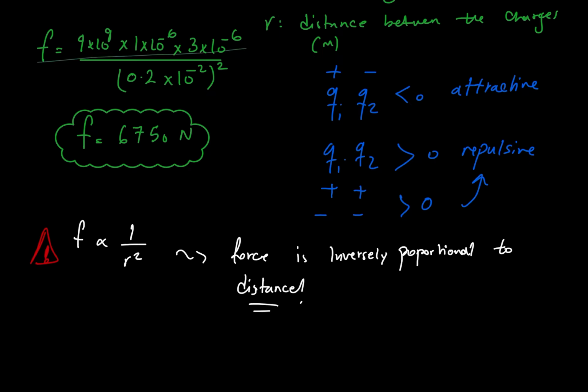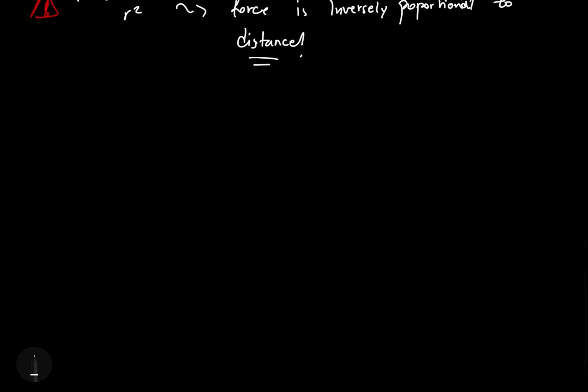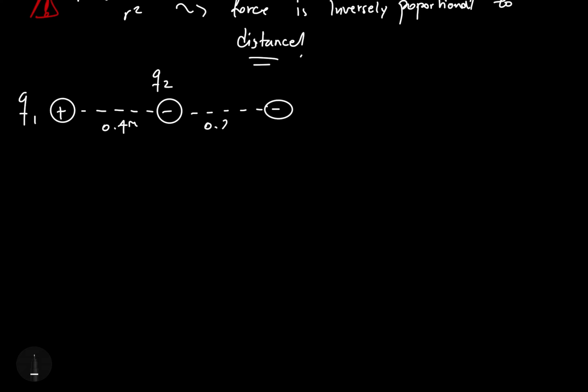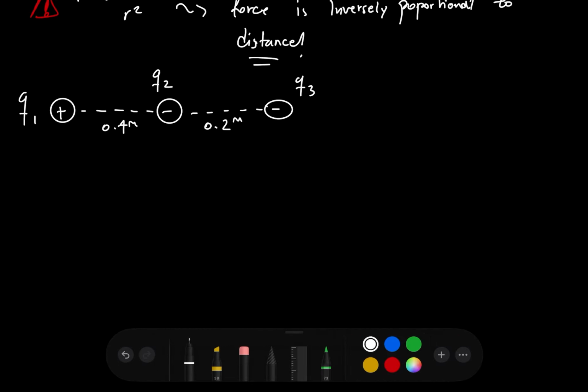All right, let's go ahead and take a look at a question which involves vectors in this chapter. So let's say we have three charges, a positive Q1 charge here that's located at a distance of 0.4 meters from a negative charge here, Q2. And this one is at a distance of 0.2 meters from another point charge, Q3.